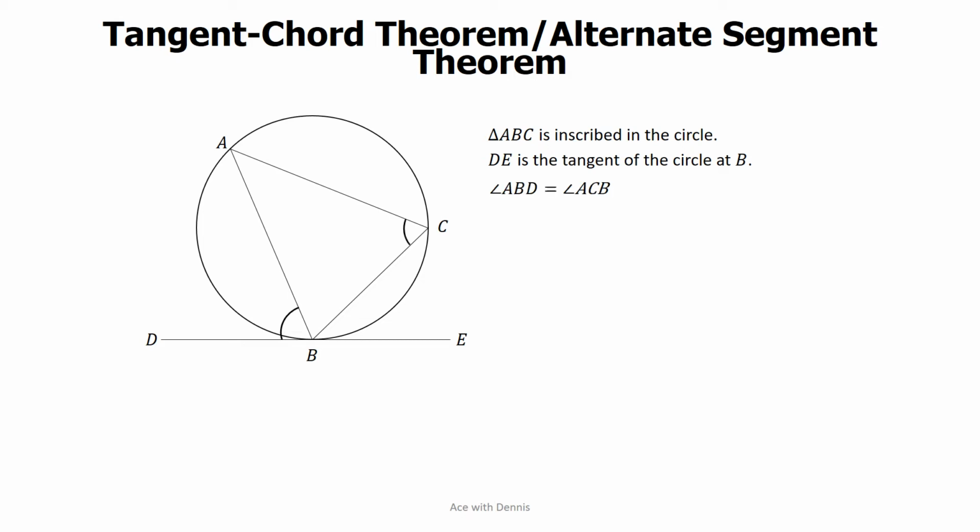So angle ABD will equal angle ACB. Similarly, this angle CBE and this angle BAC. Angle CBE will equal angle BAC.